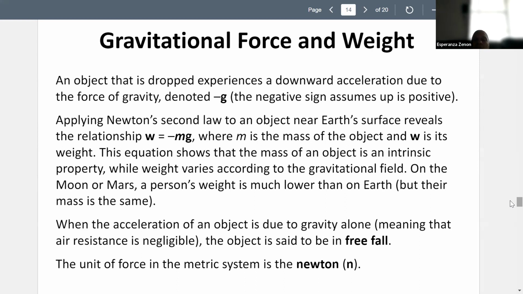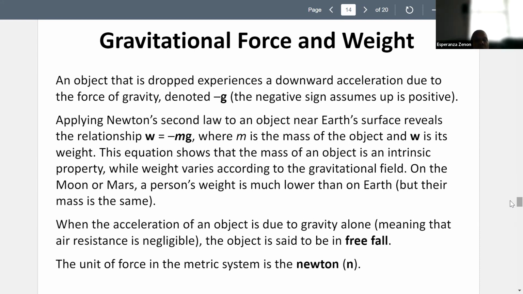In other words, as the gravity changes from place to place, an object's weight changes from place to place. Okay. So your weight is different on the moon than it is on Mars, but your mass is the same no matter where you go. Okay.